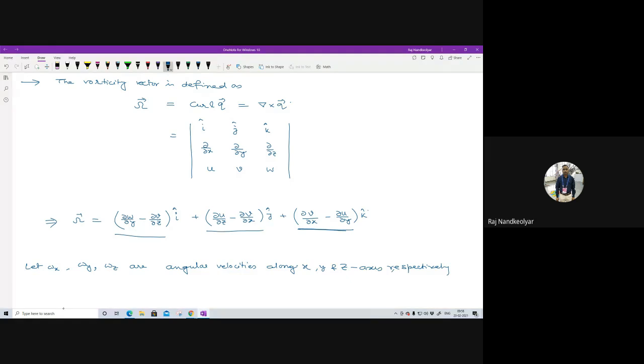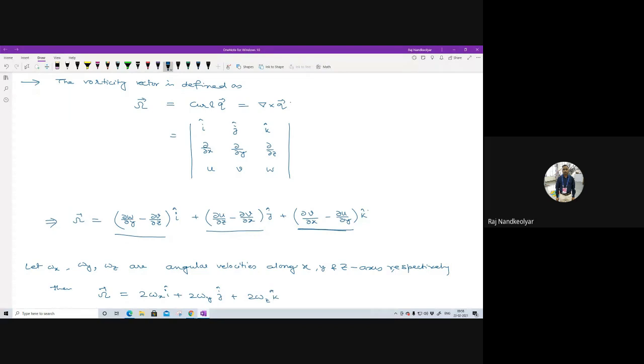Then the vorticity vector is equal to 2 omega x i cap, 2 omega y j cap, 2 omega z k cap.